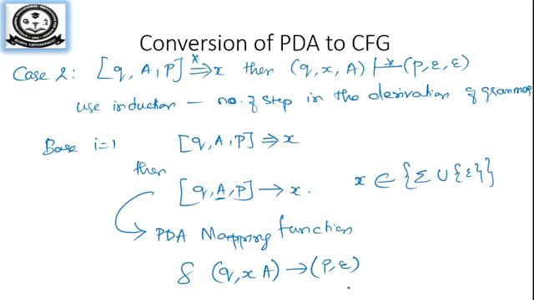So it's a pop operation. This is for the base condition. So if this is done, then δ(q, x, A) can derive (p, ε, ε).